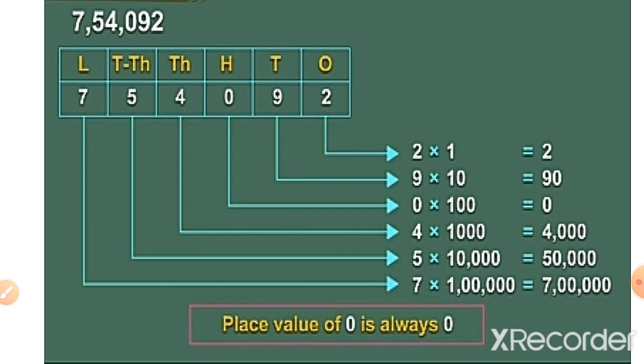So 2 into 1 is 2. 9 into 10 is 90. For 0, 0 into 100 is 0. For 4, 4 into 1000 is 4000. For 5, 5 into 10,000 is 50,000. For 7, 7 into 1 lakh is 7 lakh. So you already know that place value of 0 is always 0 wherever the digit is placed.